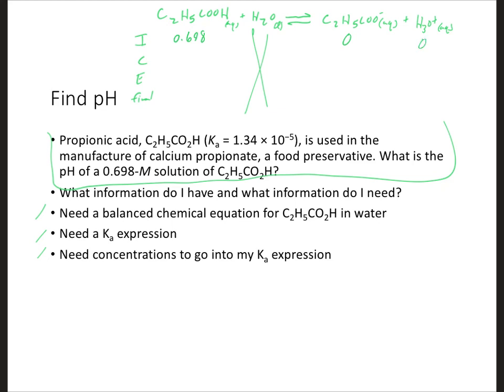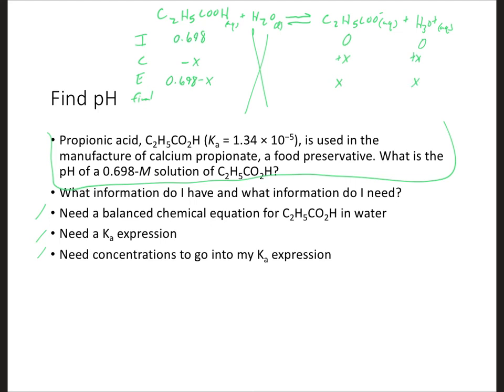They're going to proceed to the right because there's no products. We want this thing to come to equilibrium, and so that means we're going to subtract an X. We're going to add an X. We are going to carry that down to the equilibrium line, 0.698 minus X, and then we can also have a plus X and a plus X.